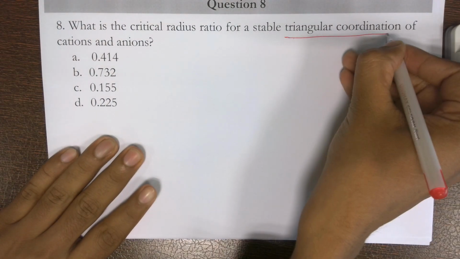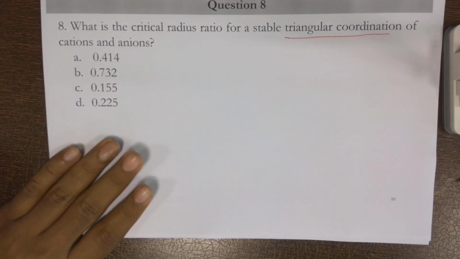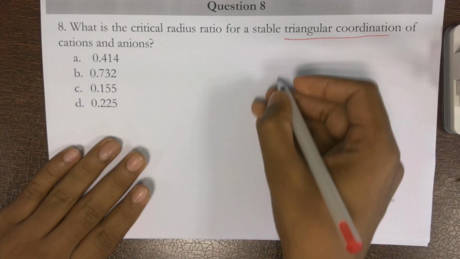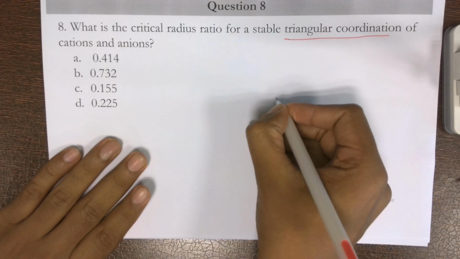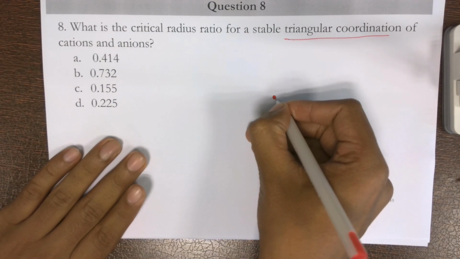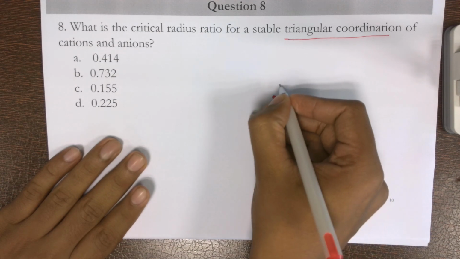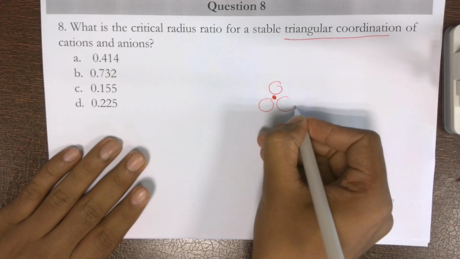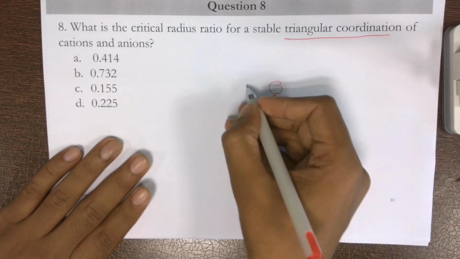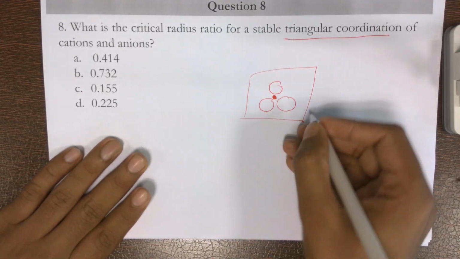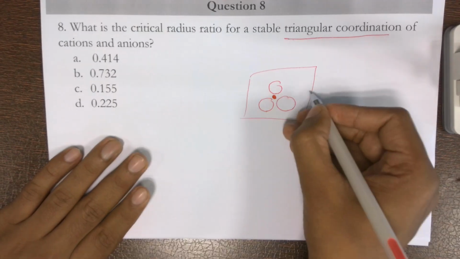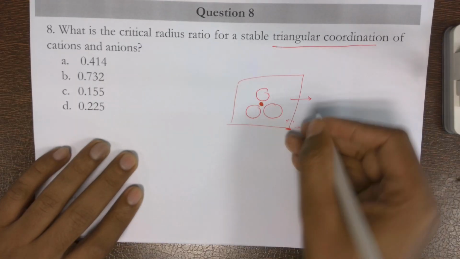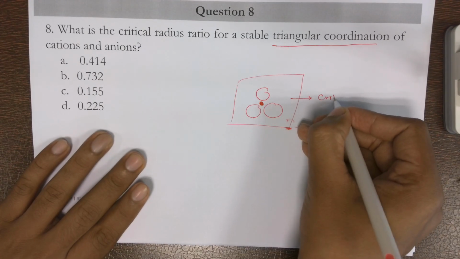Talking about the triangular coordination, the triangular coordination means like here and over here, it should touch the sides. And this is critical. This is very critical.